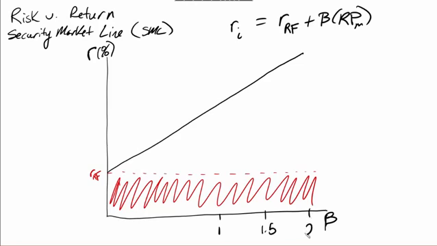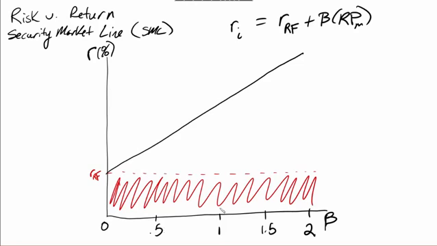We have a beta running from 0 at our horizontal axis. If I have a beta of 0, the return on that particular stock is going to be equal to the risk-free rate, which is where this intersection point is. Then we're going to be moving along between 0.5, 1, 1.5, and 2. If we have a beta of 1, the return on that stock should equal the market.